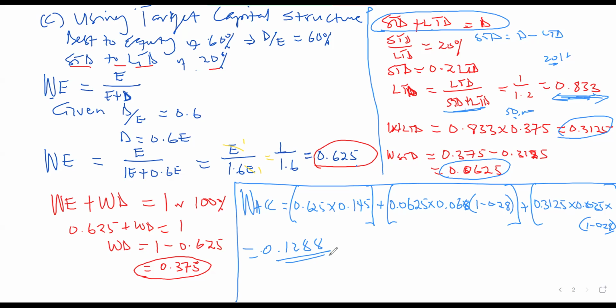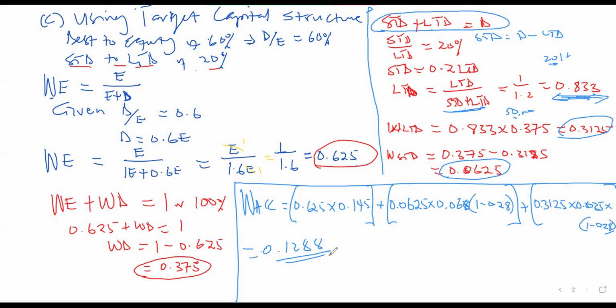Right. So that's why I said that ideally it would have been best to use the target, given that it's a future project. But it's the objectivity surrounding the estimation of the target. How do you determine that my debt to equity ratio should be 60%?